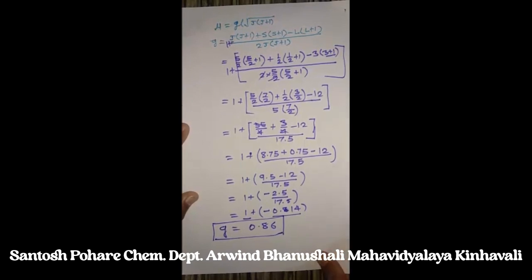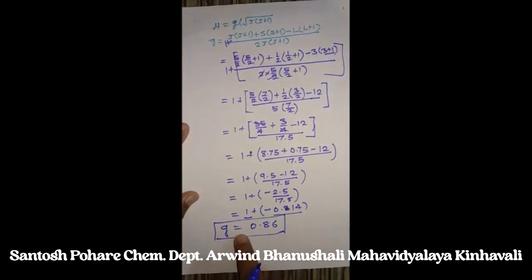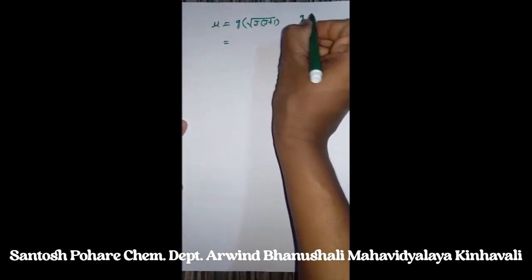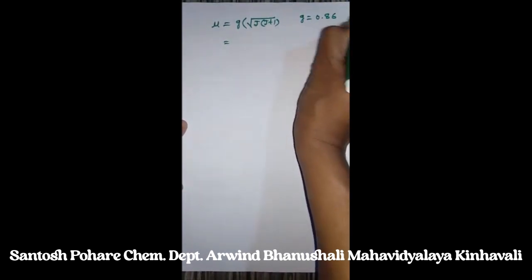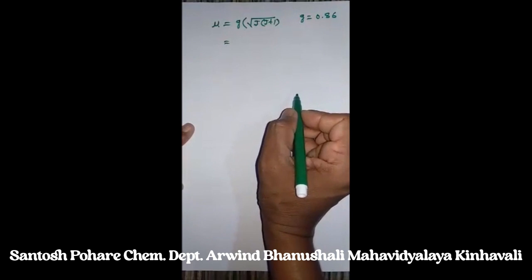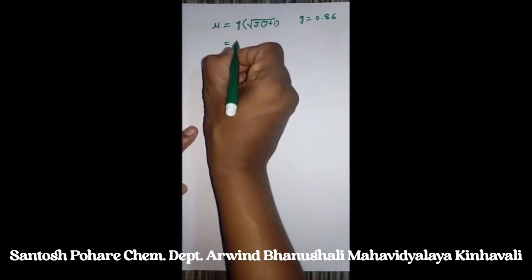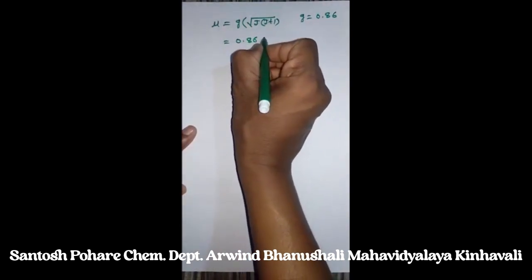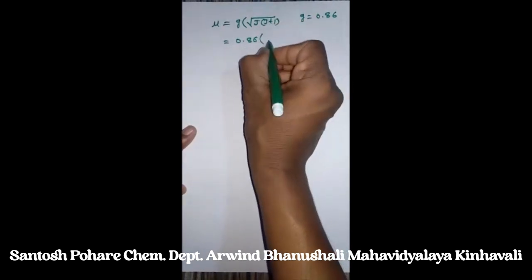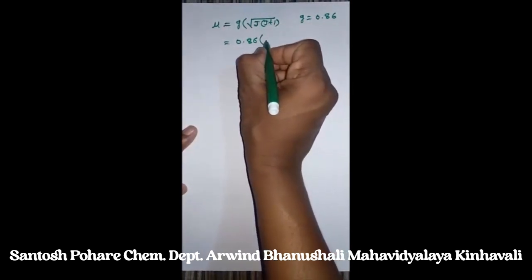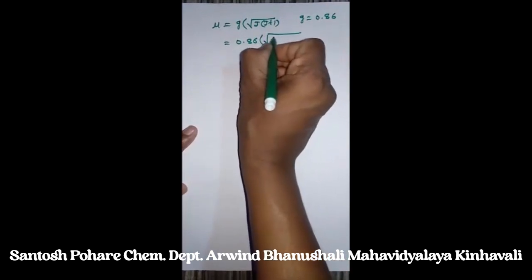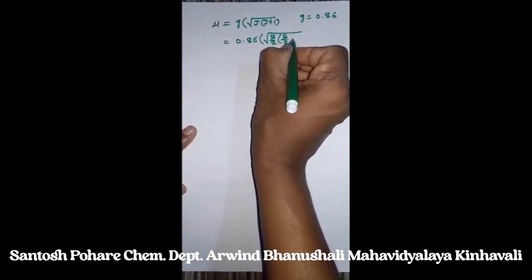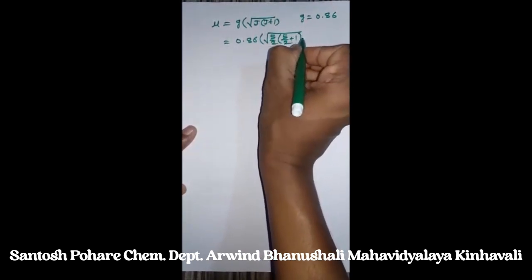Now we have to put the value of this g into the equation here. So what we obtain, our g value is 0.86. Okay, so very simply we put this value of g there, that is 0.86. Now into, we have to put the value of J. What is the value of J? Root of 5 by 2 into 5 by 2 plus 1, right?